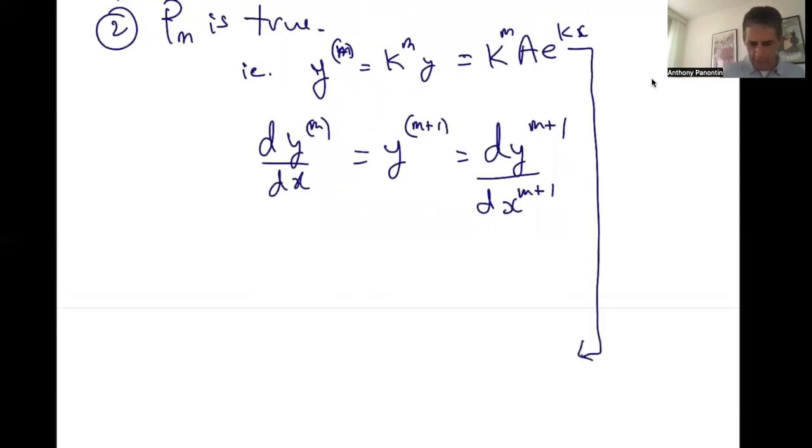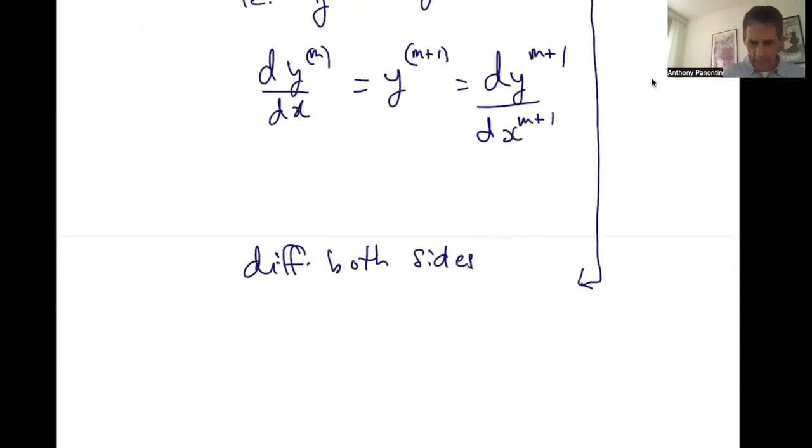So if we go back to where we were, let's do it all together here. If I differentiate both sides, what do we get? Well, we get the derivative of the mth derivative with respect to x.